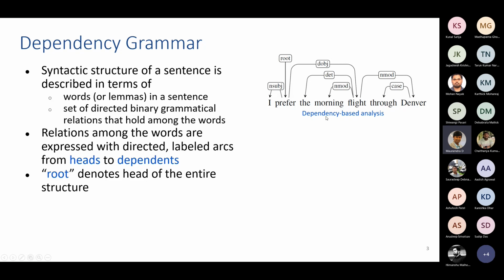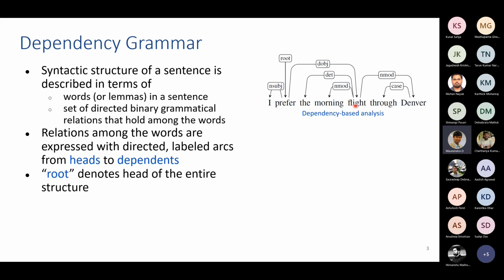If we look at the word flight, now when we read the sentence, we know that morning is actually a modifier. It is restricting the scope of the flights, or in some sense it is describing when the flight is departing, right?